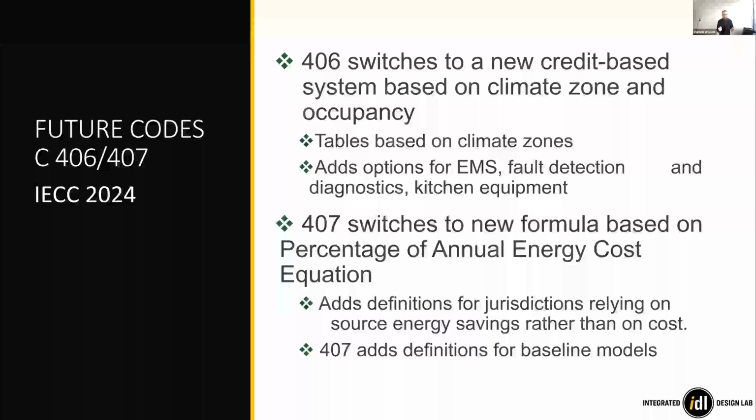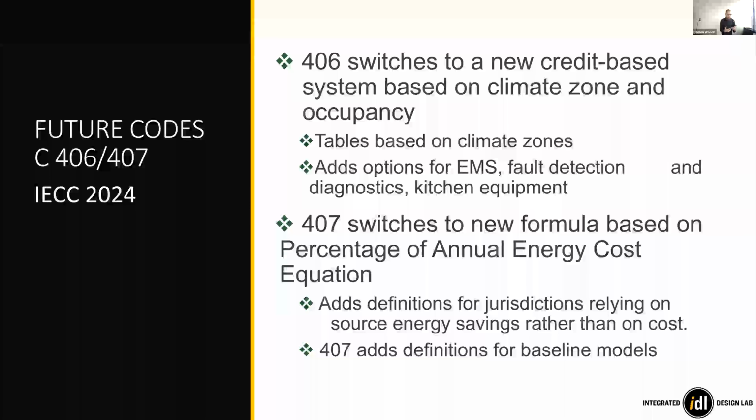And it also adds definitions for jurisdictions that are looking at source energy savings rather than cost. So code requires looking at cost in 2018 and 2021, but you do have some, say, government or another jurisdiction where they might be looking at source energy.